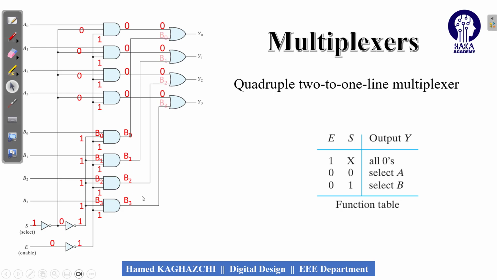These B's will move to the inputs of the OR gates, and at the end, in the output of this circuit, we will have B0 up to B3, which is the B. Using this circuit, which is the quadruple multiplexer, we can select one of the A or B numbers, which are written in 4 bits.